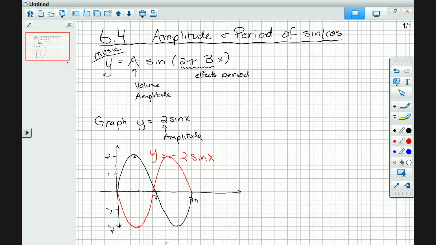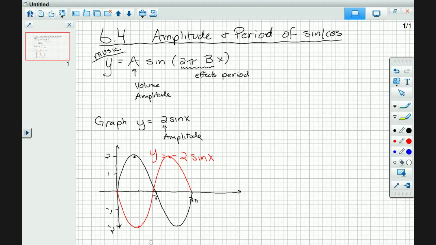Like that. Yeah, that's the same thing. Good observation there. Basically, or you can describe it as shifting it by pi units. Awesome. I like it.